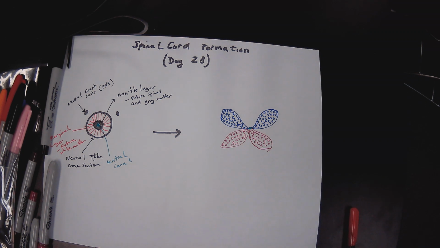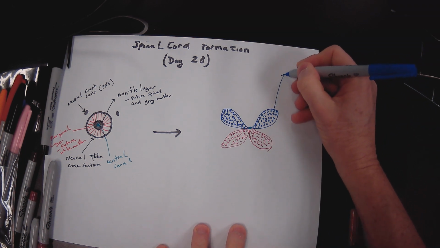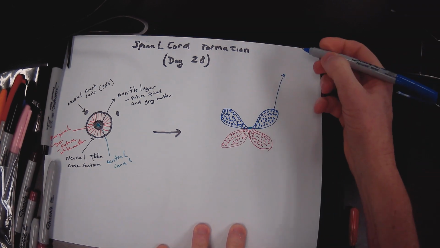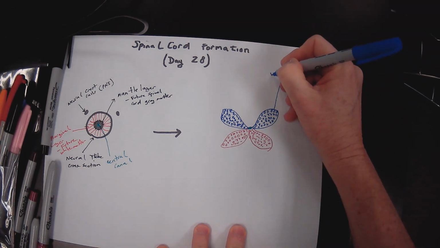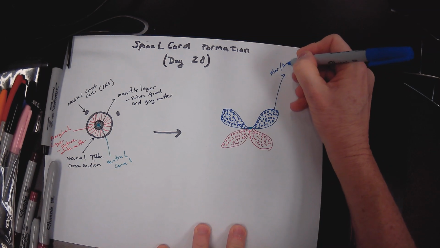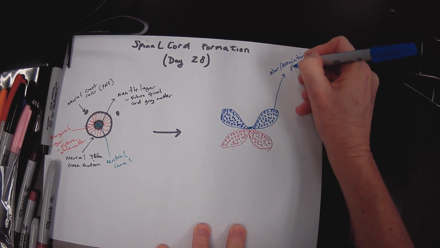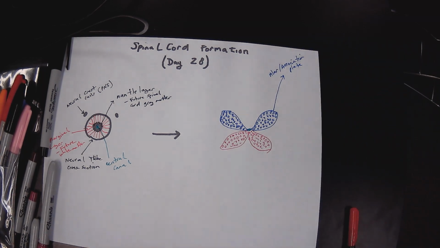Okay. If you think about a spinal cord cross section, these blue neuronal cell bodies have a name. They're known as the alar or association plate. Okay, your alar or association plate.